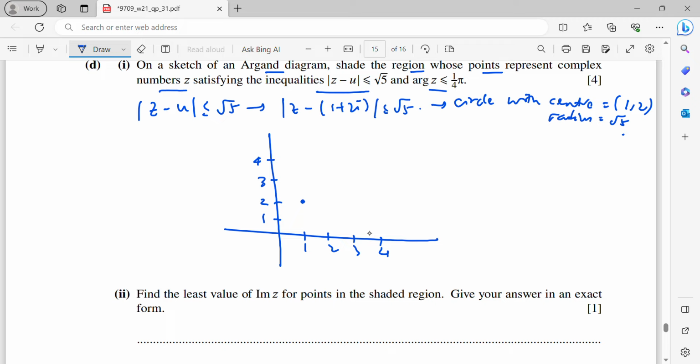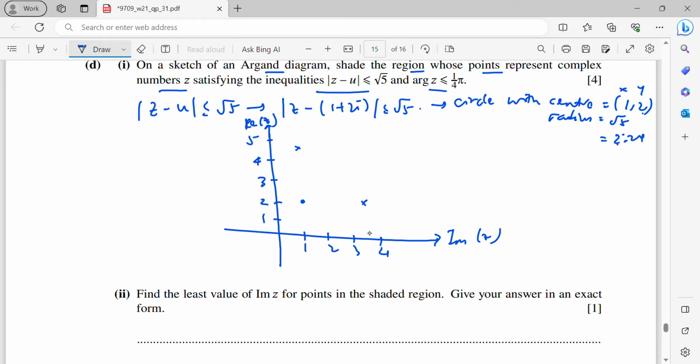Okay, here x, here y. So this is 2.24. So 2.24 plus 2, it will be 4.24. So this is real axis. This is the imaginary axis. So it will be somewhere here. Right? And then 2.24 from 1, it will be 3.24 somewhere here.